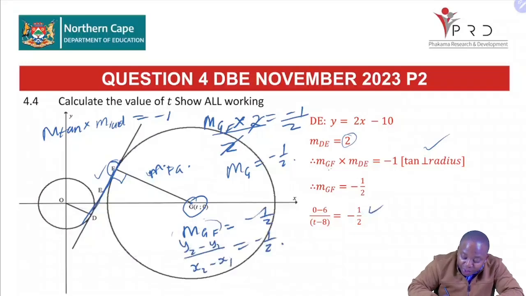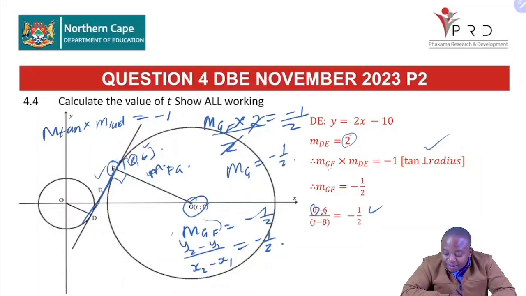Then the y coordinate, or y2, is going to be 0 minus the coordinate of F. Remember our F was 8:6. So the y is 6 in this case. So it's going to be 0 minus 6, which is y2 minus y1, all over the x value of G, which is t, so t minus 8, which is our x value of F. Then from here, we can cross multiply.